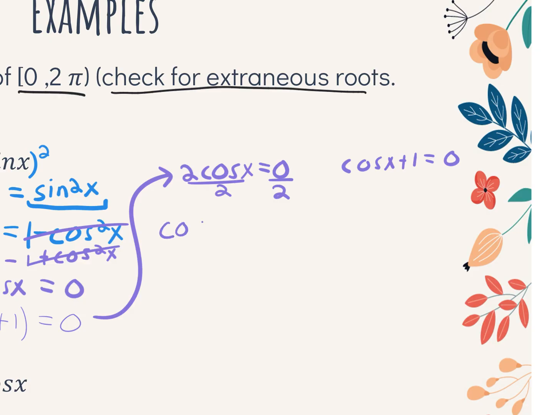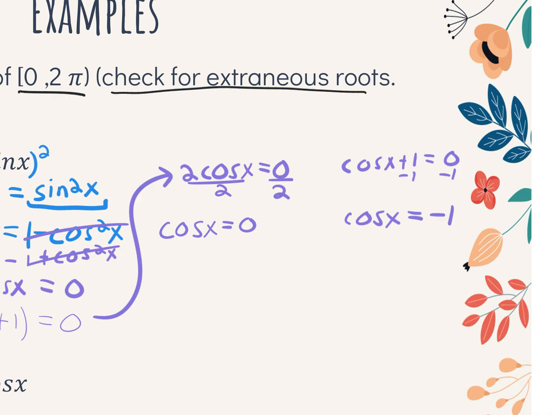We get cosine of x equals 0. And then the other one, we can subtract 1 on both sides, and we get cosine of x equals negative 1. All right. Now we check our unit circle, right? These aren't our final solutions, but what we do now is we check our unit circle. We see what values of x, when we plug it into cosine, get us 0 and negative 1.